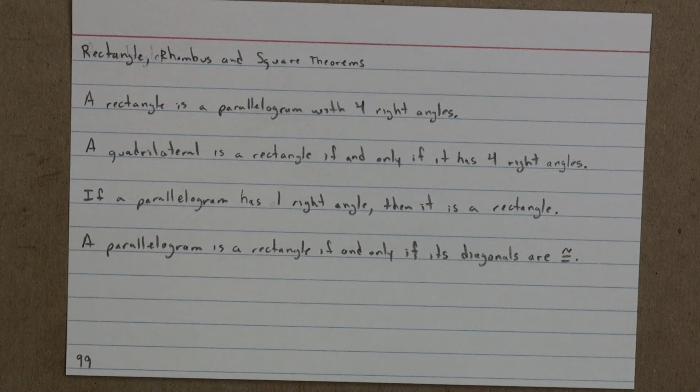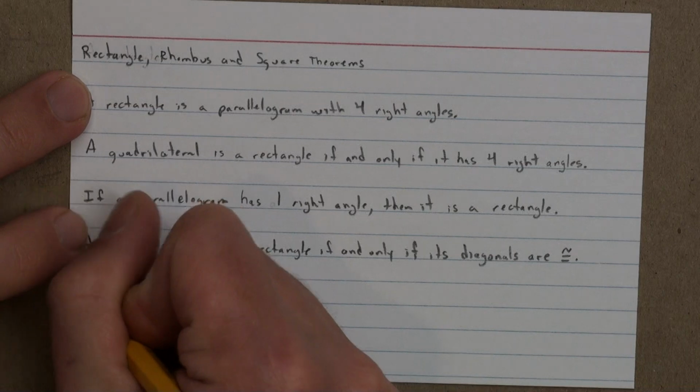Now, let's go to the rhombus ones. A rhombus is a parallelogram with 4 congruent sides.